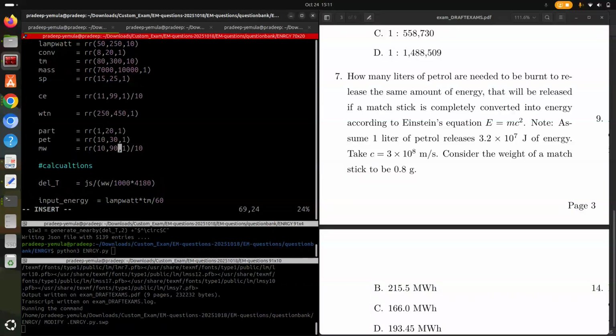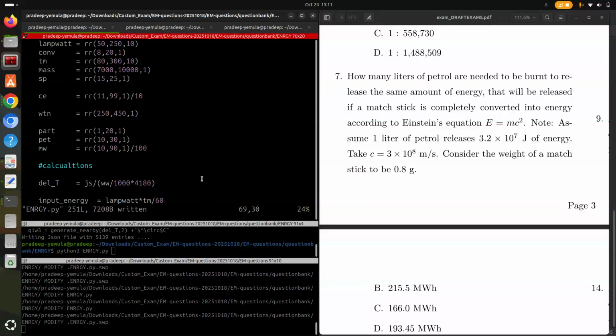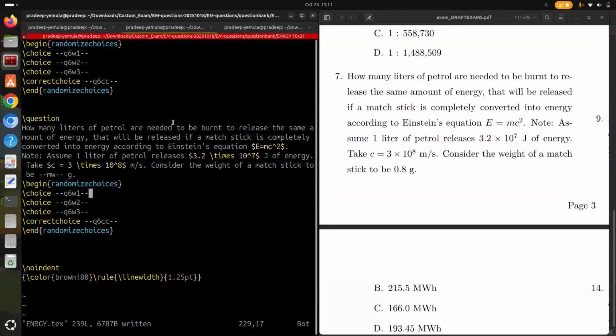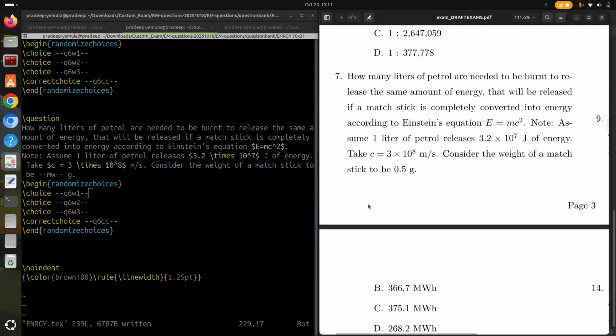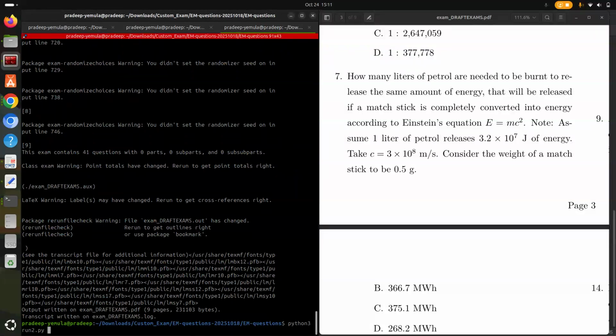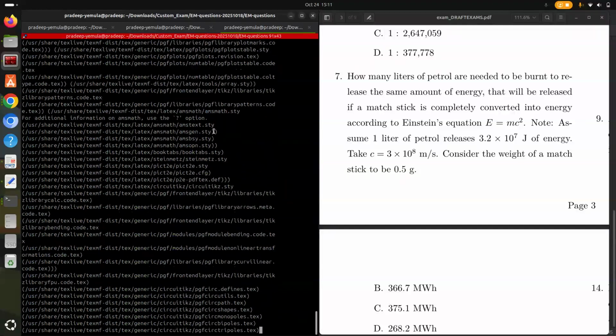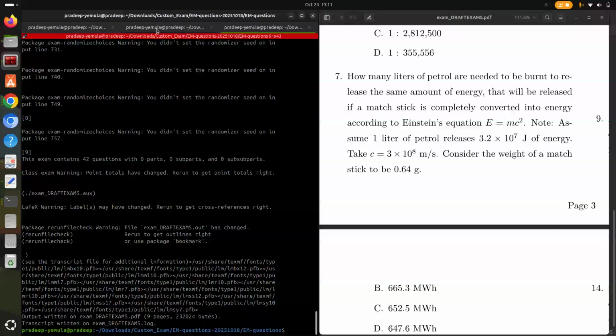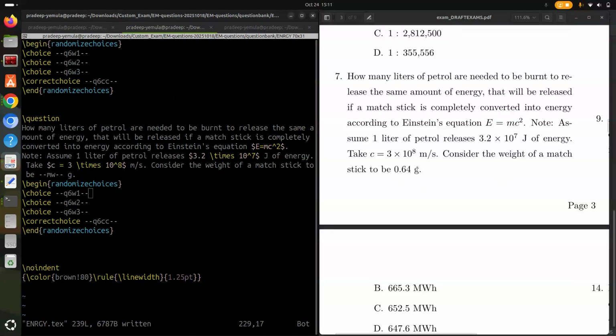So from 10 to 90, here I'll divide by 100, so it will have two decimals. Now 0.64, something like this, it's coming.